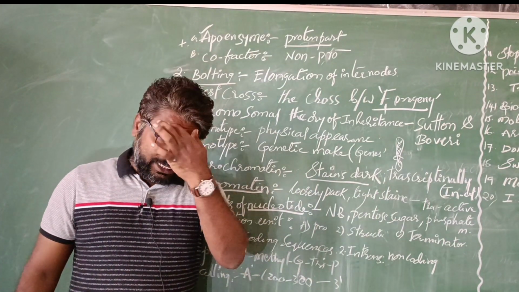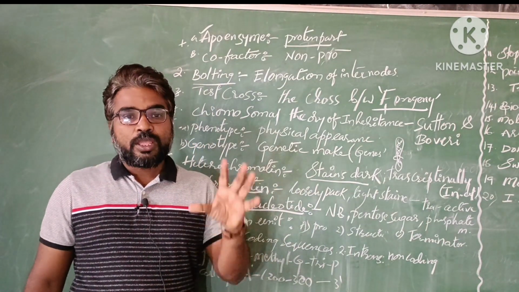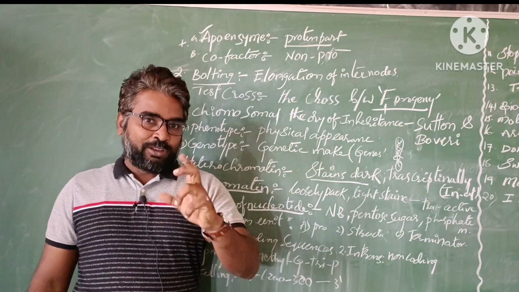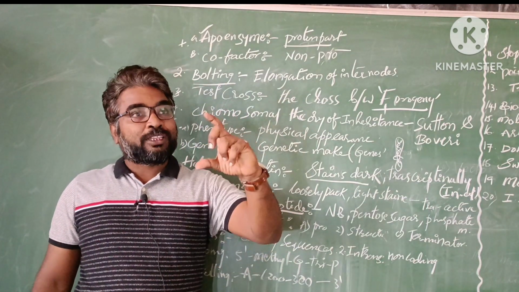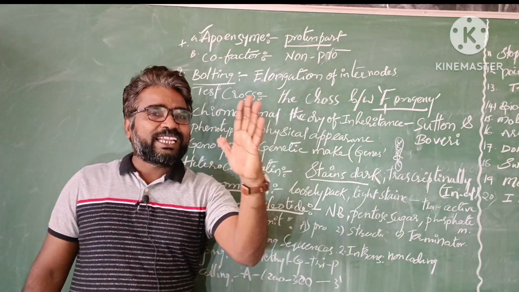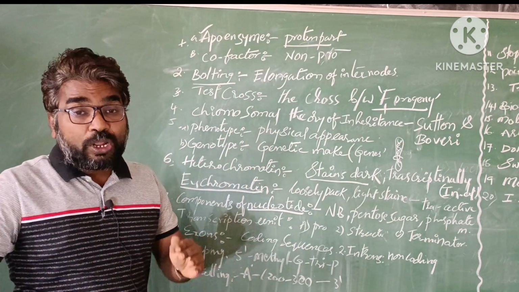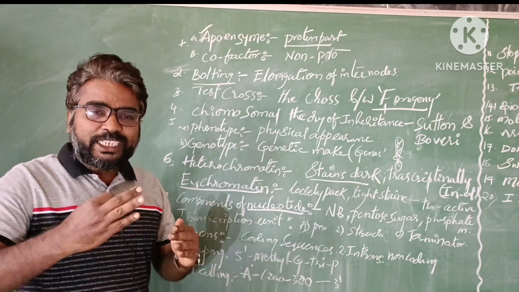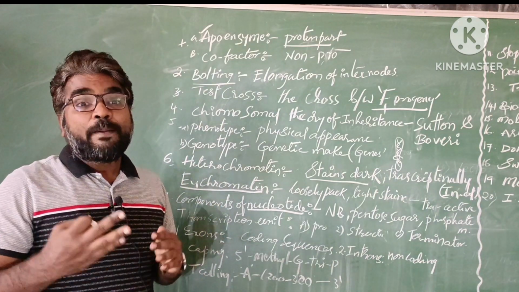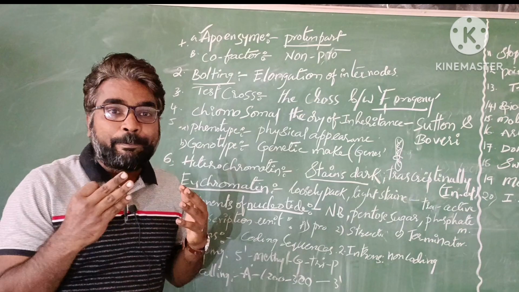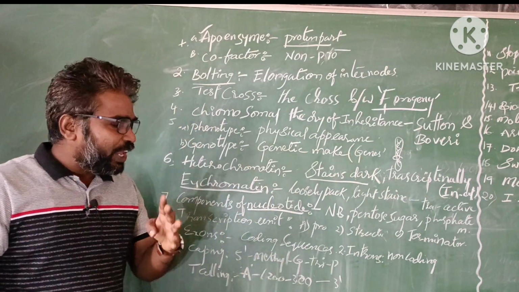Next one, components of the DNA nucleotide. We already saw in first year nucleotide and nucleoside. DNA is a polynucleotide chain. This polynucleotide chain is built with three components.